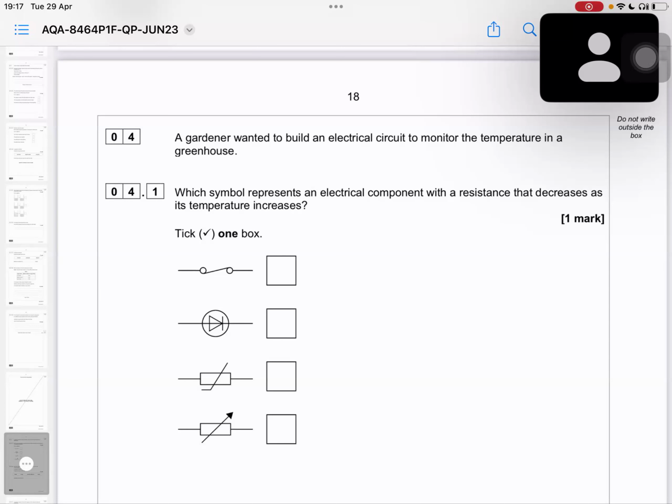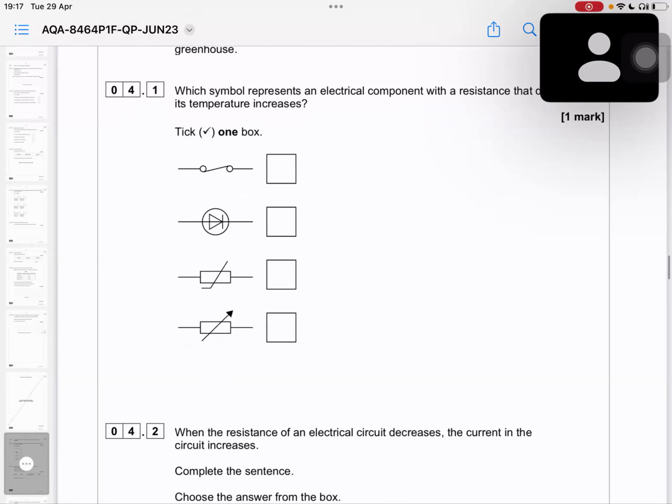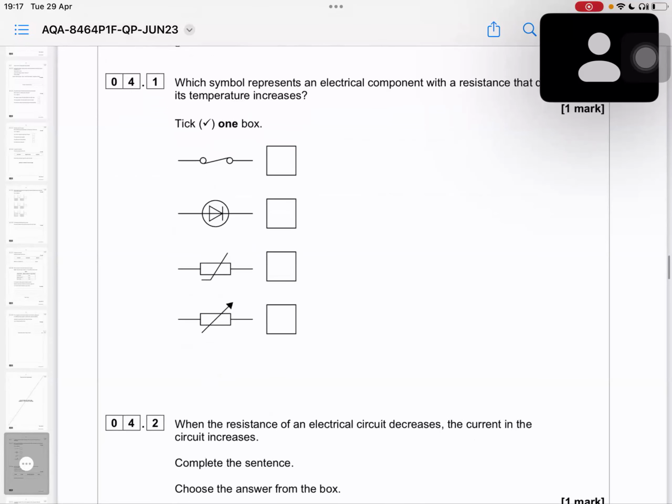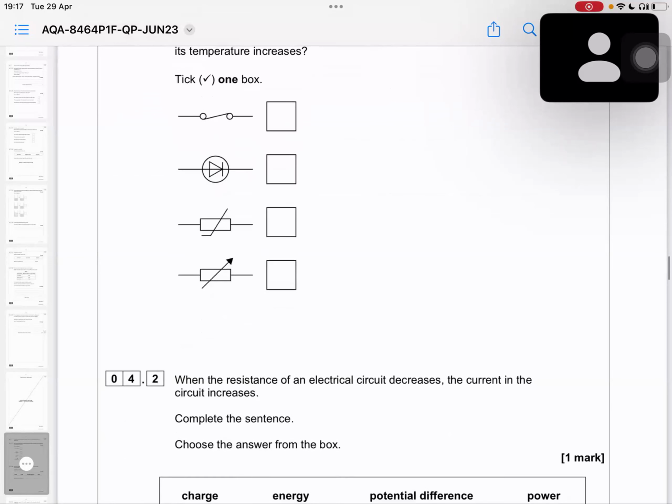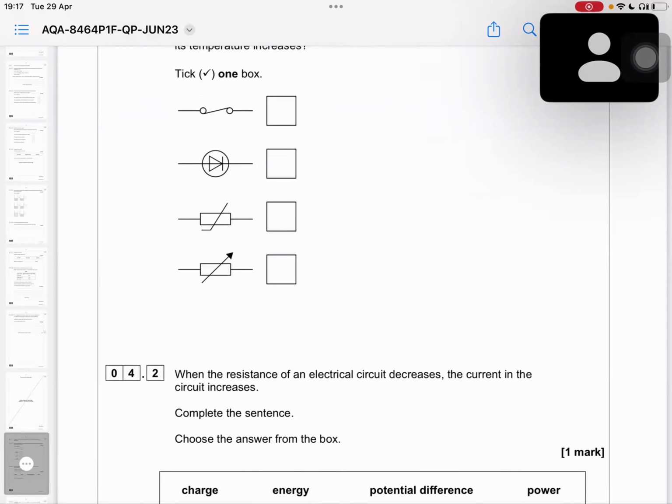The third one? Yes. Okay. All right. I'll confirm what that fourth one is, because that fourth one looks like something I've seen before.